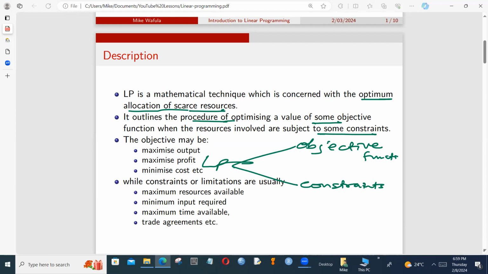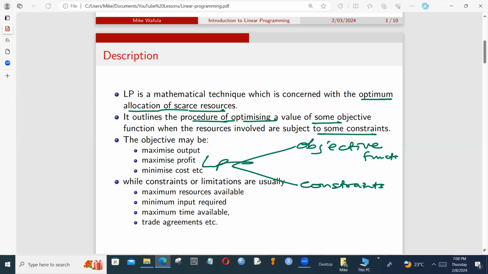When an objective function is a maximization, it will always be either to maximize a given output, to maximize some given sales, or to maximize the profits, and so on. But it can also take the form of minimization, if we are talking of minimizing maybe the cost of production or minimizing the loss and so on. So the word optimization here is simply getting the optimal solution or the best outcome from given alternatives.